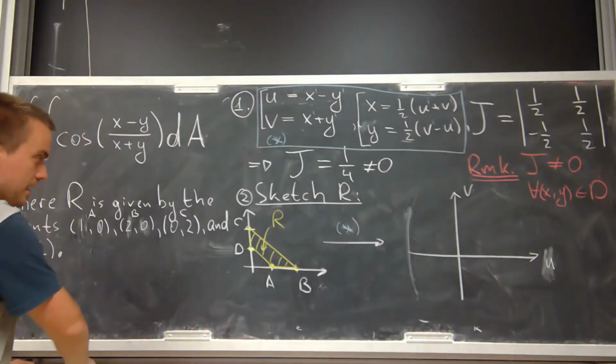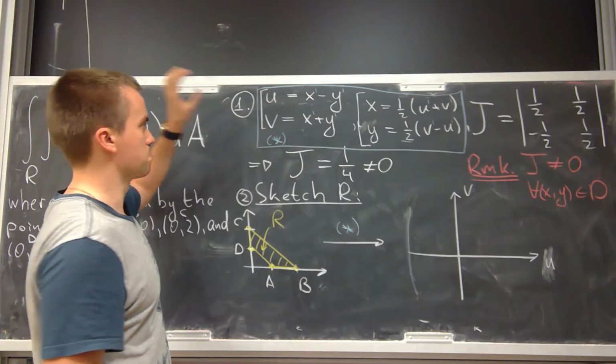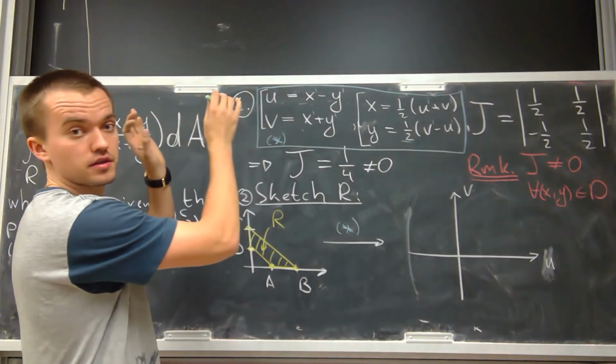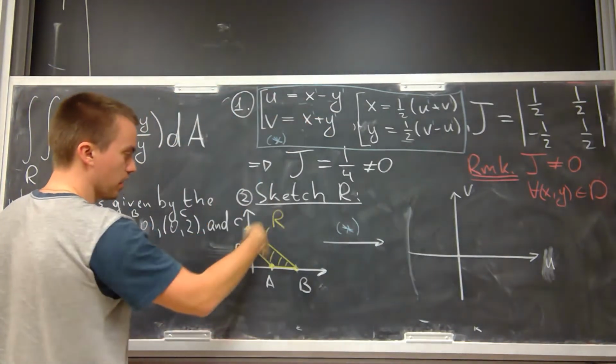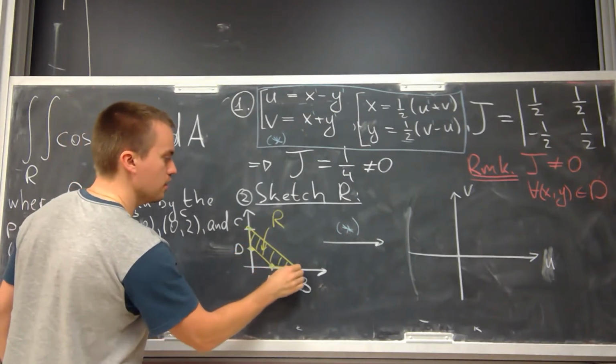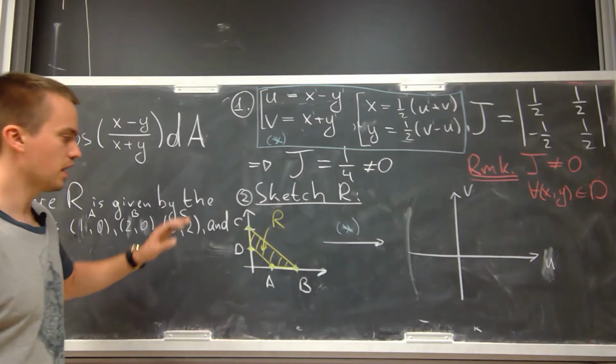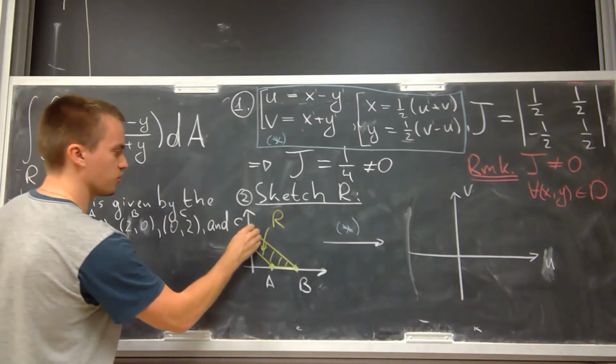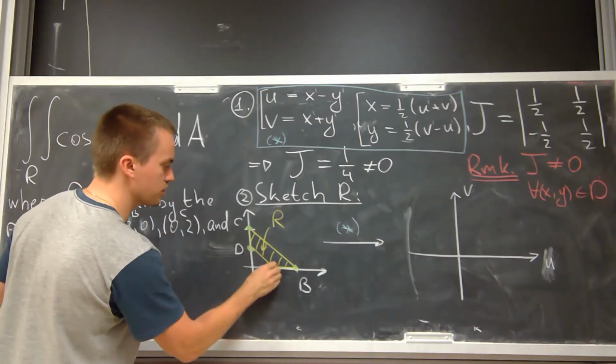So it means in the case when my change of variables are linear functions, and my region is given by some polygon, then it's enough just to find the image of these 4 points.